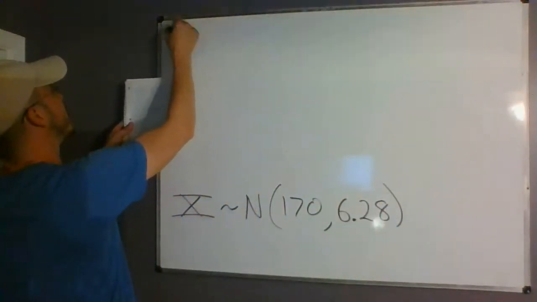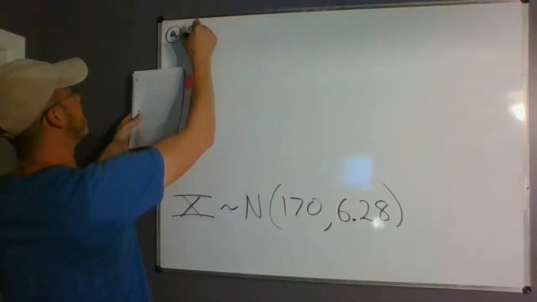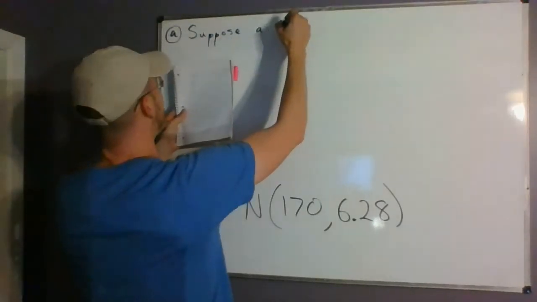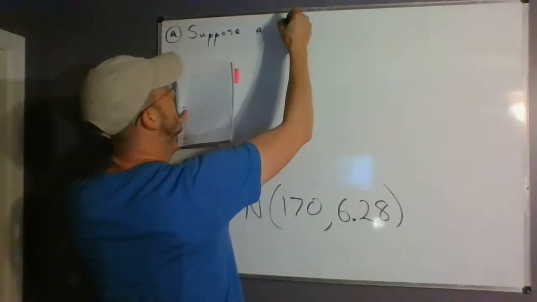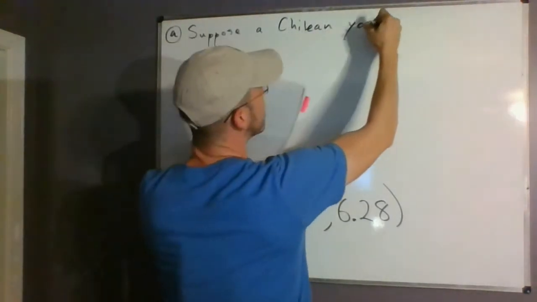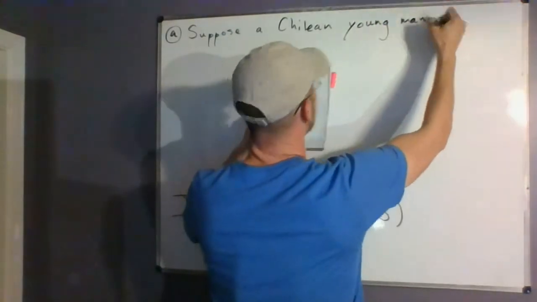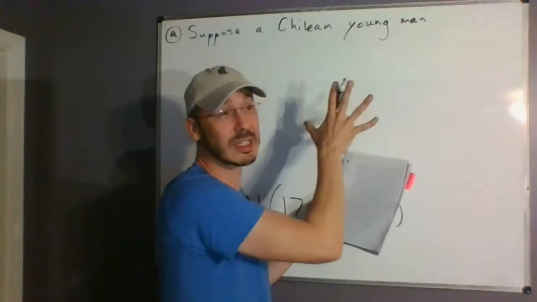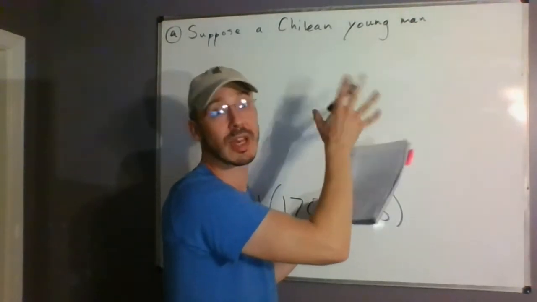And for part A, suppose a Chilean young man, well, of course, according to the specifics of the problem, it has to be 15 to 18 years old, male, in 2009.